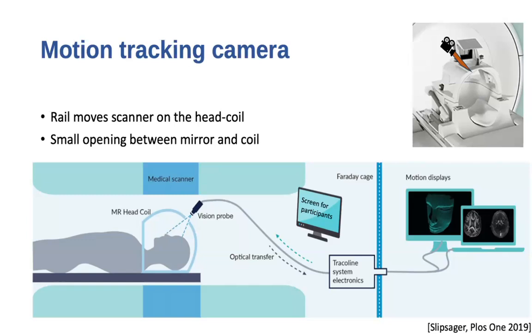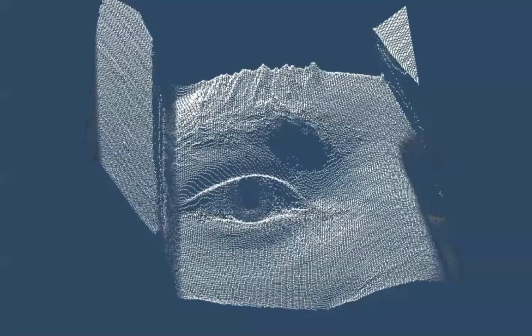And then from the camera, this gets transferred to the system of the company, which then generates some point cloud data that we can see, and the study assistants can also see during the scan, which is quite nice. They can have an idea how the participant looks and what they're doing. But it also takes some setup, of course, which is contrary to maybe other methods, rather fast though. You basically just have to adjust this optical camera on a rail and fix it so it points at the participant's face, and then start the tracking. Now the tracking is done on then this kind of images.